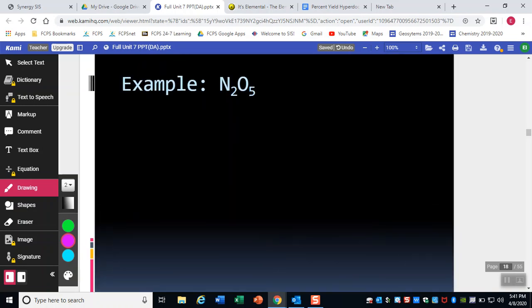Now here I have a covalent molecule, right? These are both non-metals, so it would be dinitrogen pentoxide. I've got nitrogen and oxygen. I have 2 nitrogens, so that's 2 times 14, and I have 5 oxygens, so that's 5 times 16.